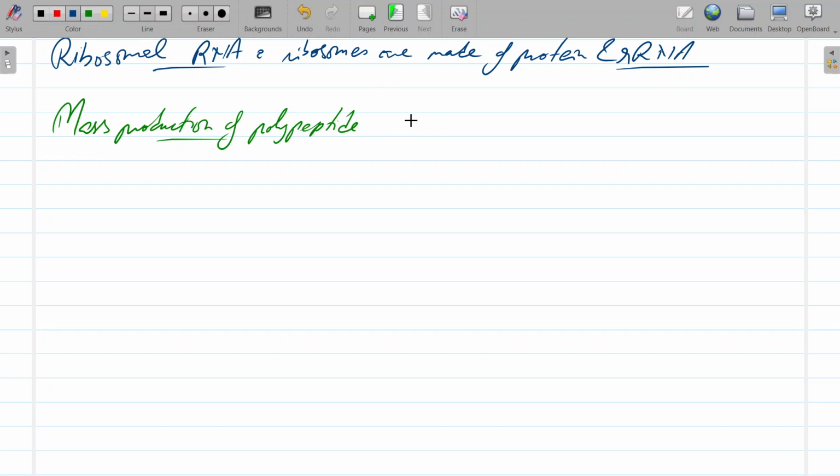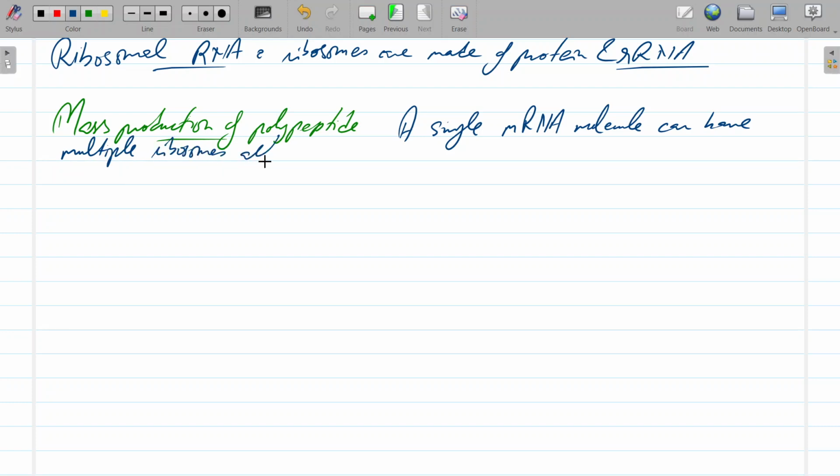So what's really happening is a single mRNA molecule can have multiple ribosomes attached to it at different points.